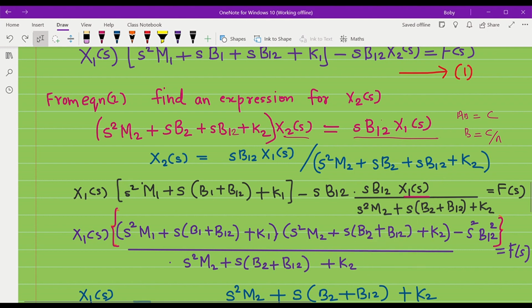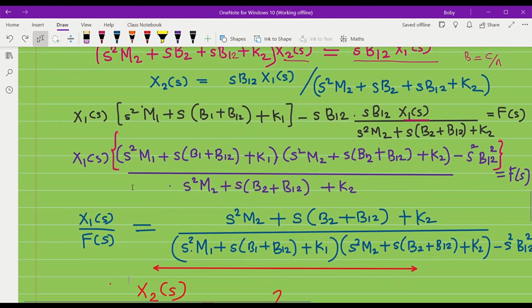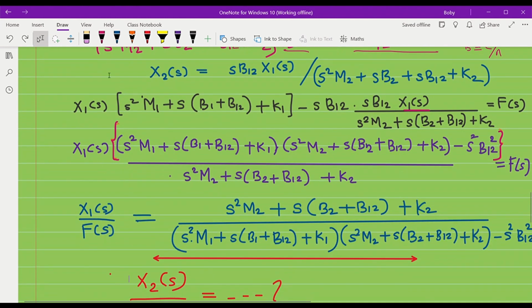So we can see the denominator is multiplied with here, this denominator multiplied here in the right hand side, sorry, ഇവിടെ അടുത്ത ടേം sb12 into sb12 x1 of s, ഇവിടെ s square into b12 സ്ക്വയർ എന്നാകുന്നു. ഈ ന്യൂമറേറ്റർ x1 of s ഇവിടെയുണ്ട്, ഈ ഫസ്റ്റ് ടേമിലുണ്ട്, അപ്പോൾ അത് കോമൺ ആയിട്ട് നമ്മൾ പുറത്തെടുക്കണം. സോ this term into this term ക്രോസ് ആയിട്ട് മൾട്ടിപ്ലൈ ചെയ്യുന്നു, minus s square b12 square whole divided by this denominator, whole is equal to f of s.